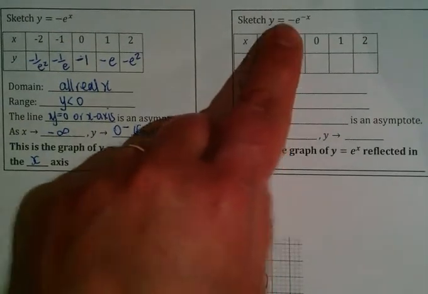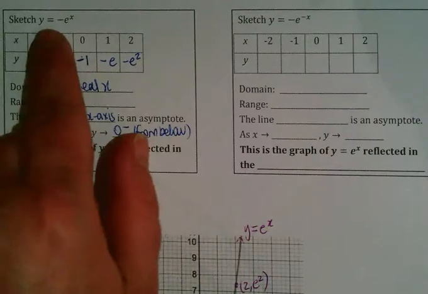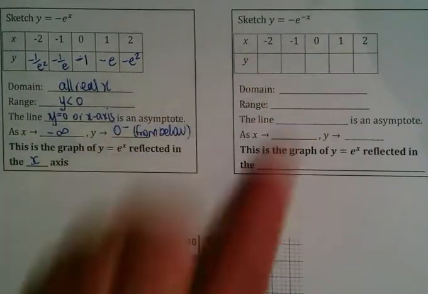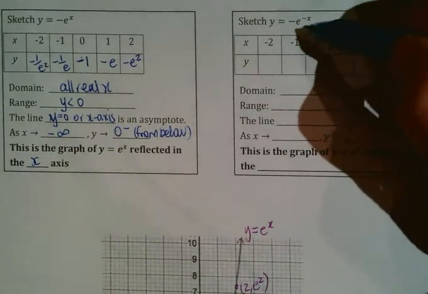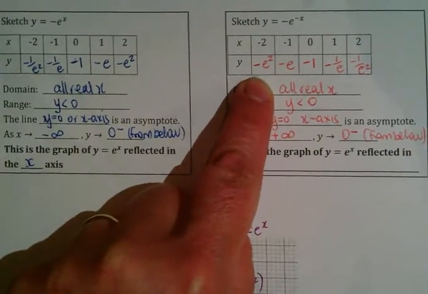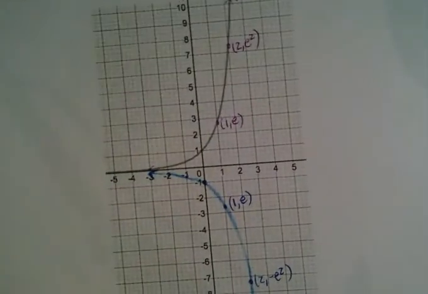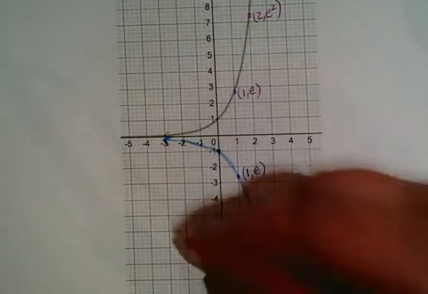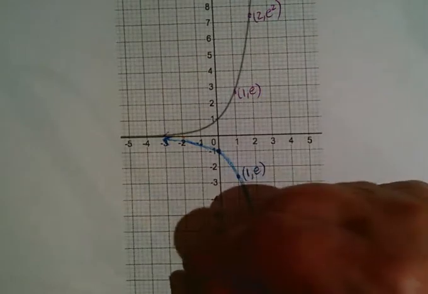So it's got that negative in front, so it's going to be below the x-axis, but looks like your x values are going to be reversed because on the last page we already sketched e to the negative x, so it's just going to be the negative of that. Yes, you should get that. And now sketching it, when x is negative 2, y is negative e squared, so down here.